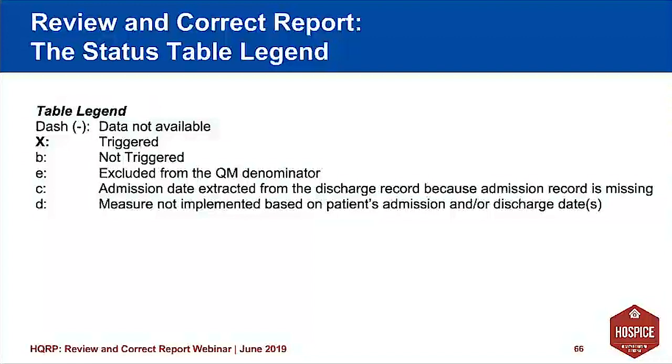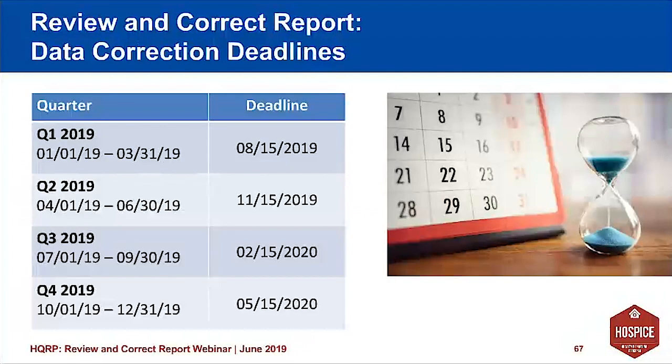A B would mean that it did not trigger, or it was not triggered. E would mean it was excluded from the quality measure denominator. C means that the admission date was extracted from the discharge record because the admission record was actually missing. And D means that the measure was not implemented based on the patient's admission and or discharge dates.